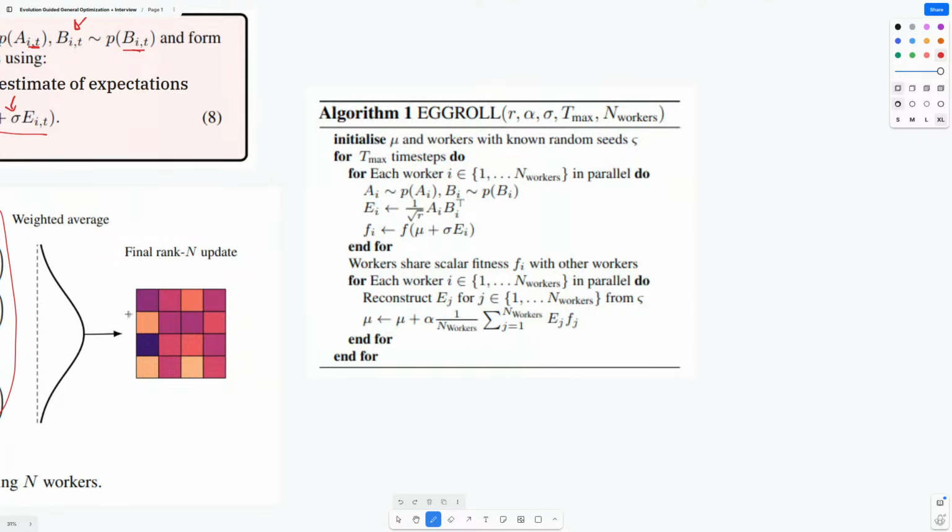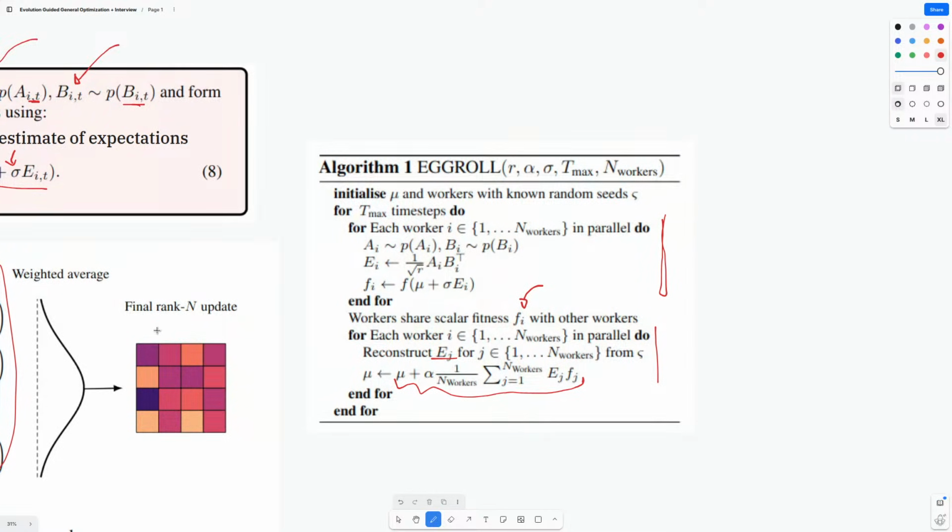So at each of the N workers, in parallel, you do all of this, so it's very GPU friendly. You take your A, your E, and then you calculate the F. Now you have all of that. Because they all share the scalar fitness function with other workers, you're able to run this, reconstruct all of the E's, and then create the average to do your weighted average.